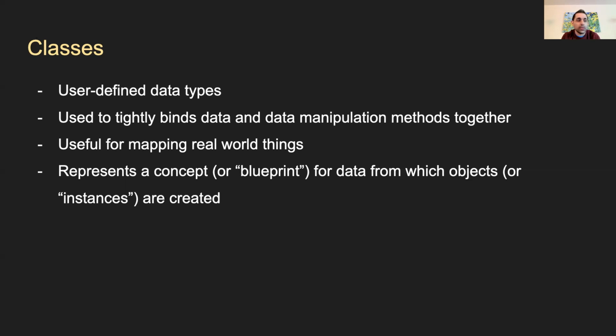We might be dealing with a person, like a user object that has a username, address, other stuff. So that's all bundled together inside of a user class, for example. So classes, again, are just user-defined data types. The main idea here, again, going back to that black box, is that classes bind data and data manipulation methods together.